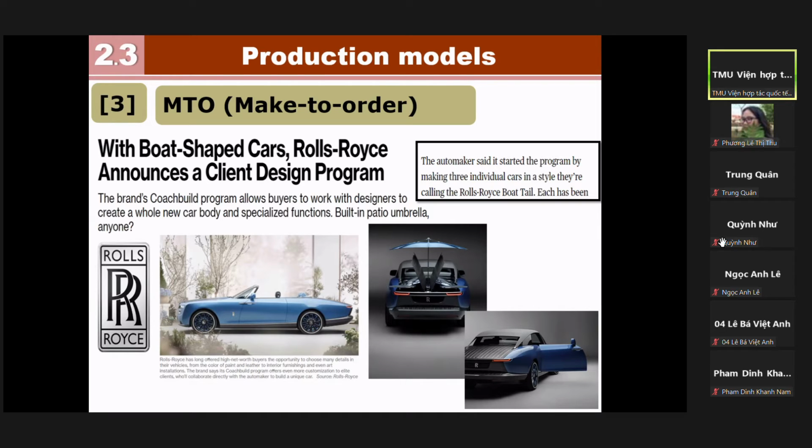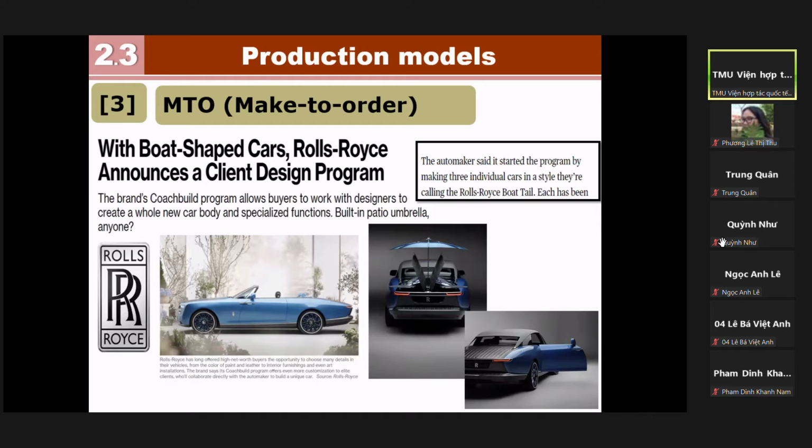So what do they do? For models, of course, for this kind of car, they can offer the client design to the program. However, they still have the design in advance.